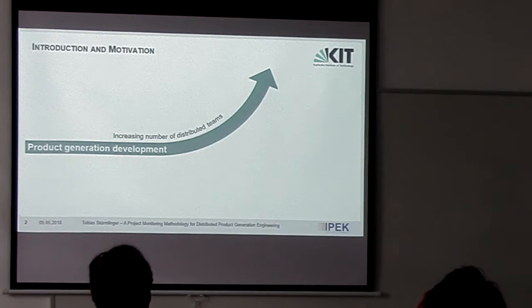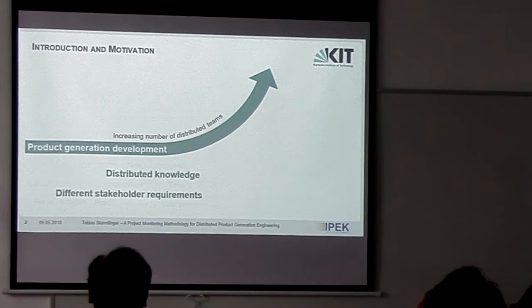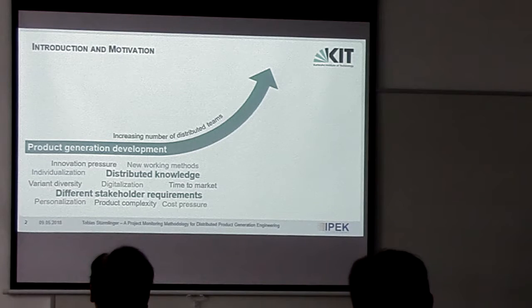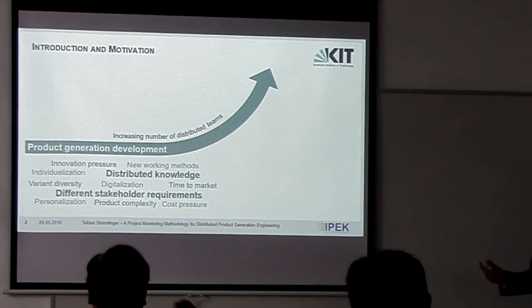So in nowadays product generation development, the number of locally distributed teams is rising because of different reasons. The main term I could put here would be globalization, and it comes with different market aspects all over the globe, and this leads to teams that work together, distributed all over the world.